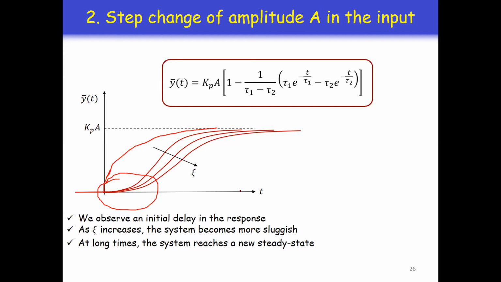Now, second observation: if the damping factor increases, so the damping factor is larger than 1 because the system is overdamped, let's say it is 2. If the damping factor increases from 2 to 3, 4, 500, 1,000, a million, the response of the system, and you can verify this with the calculation, becomes even more sluggish.